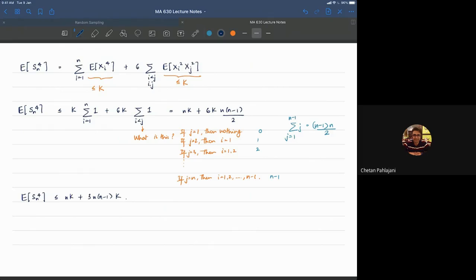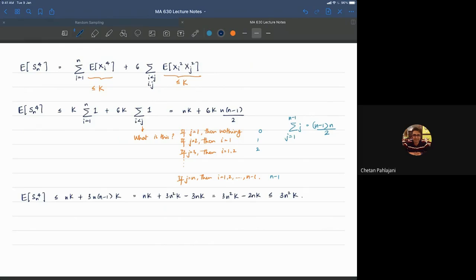So I claim that this is less than or equal to nk plus 3 n squared k minus 3 nk, right? So this is 3 n squared k minus 2 nk. Now remember, if I'm subtracting something from 3n squared k, the result will be smaller than 3n squared k alone. So this is less than or equal to 3n squared k.